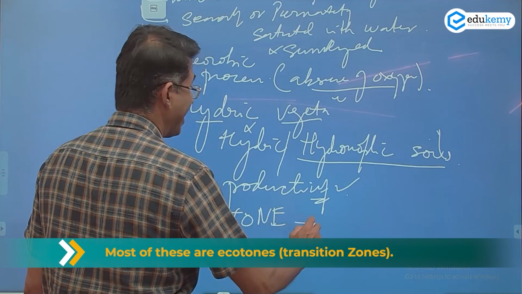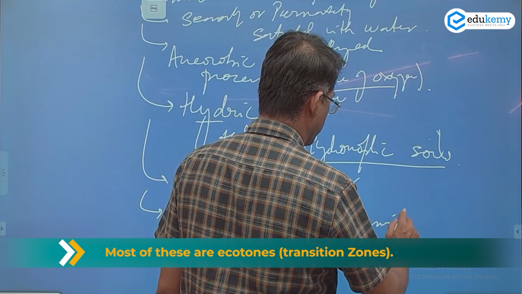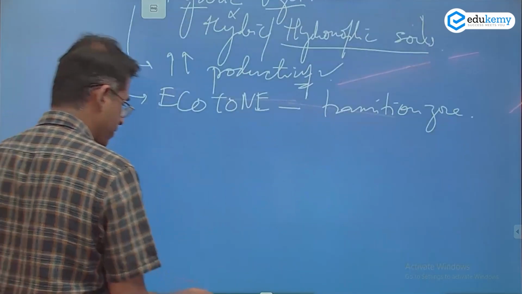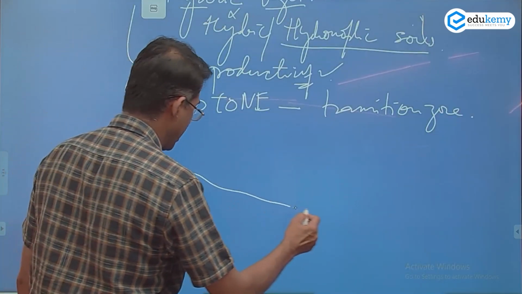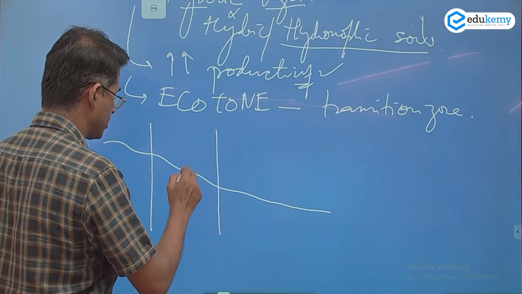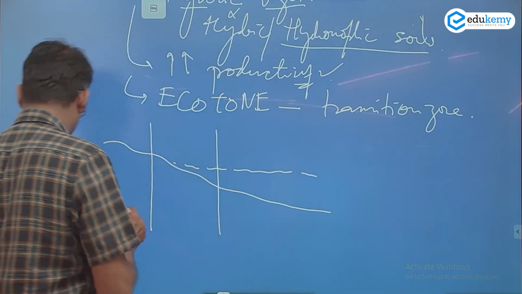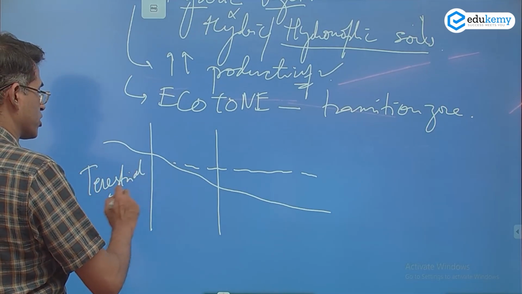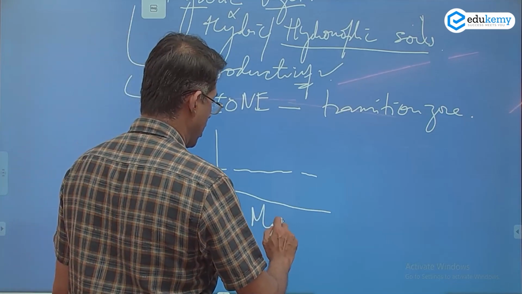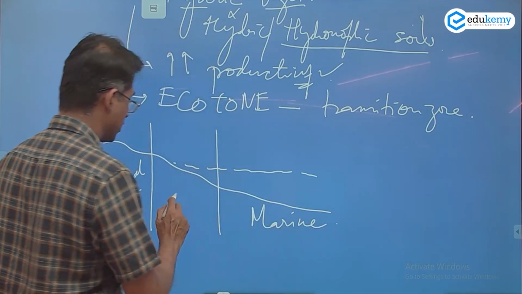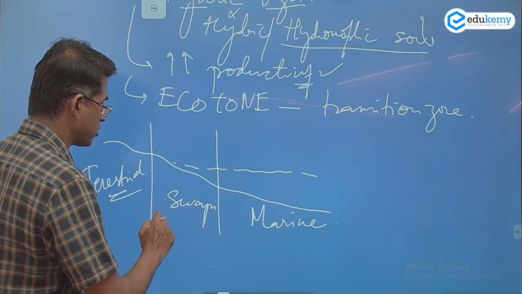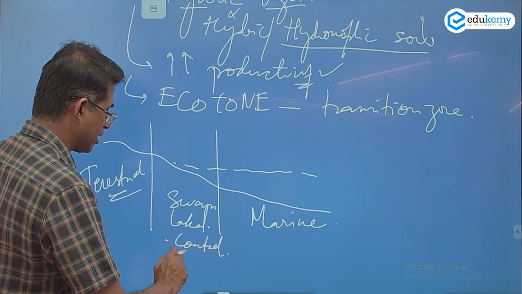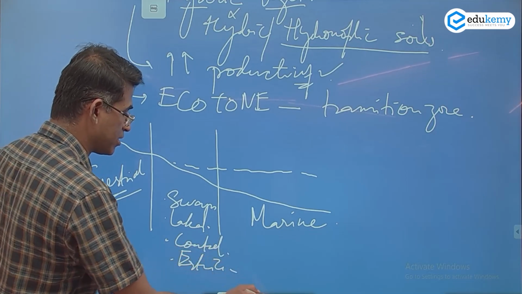An important part of this is that most of these are ecotones. They are like transition zones. On one side, if this is the land, these are the terrestrial ecosystems. These are the marine ecosystems. These are the swamps, the lakes, the coastal areas, the estuaries.